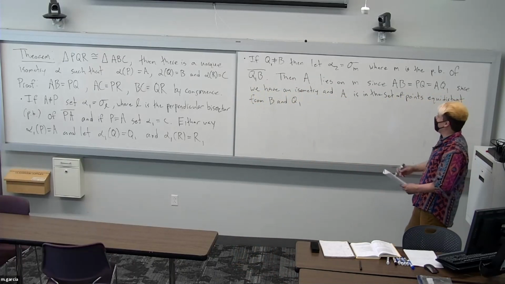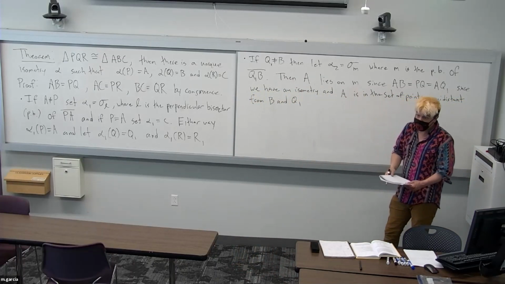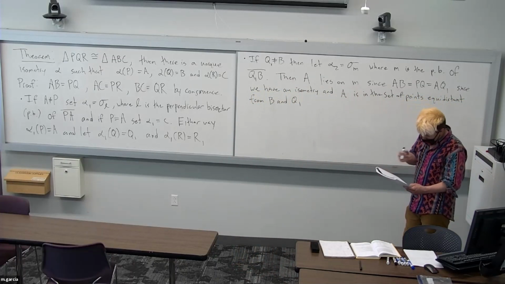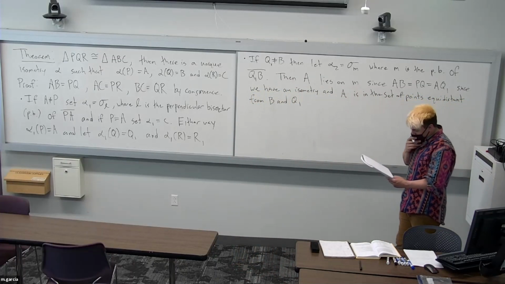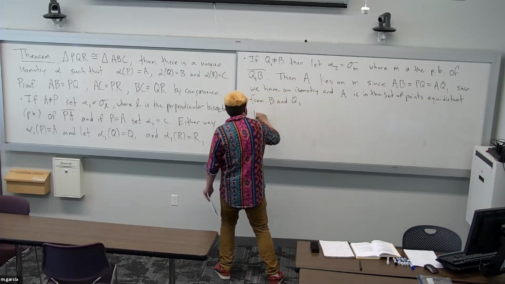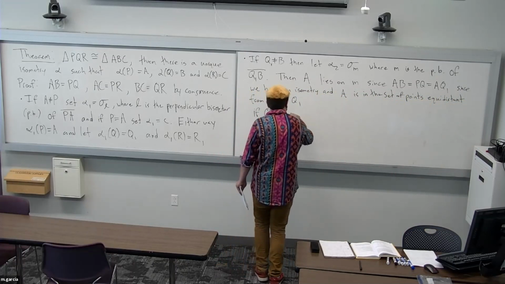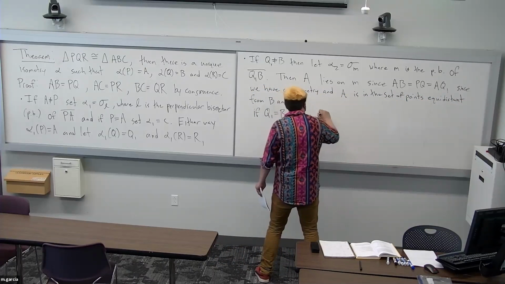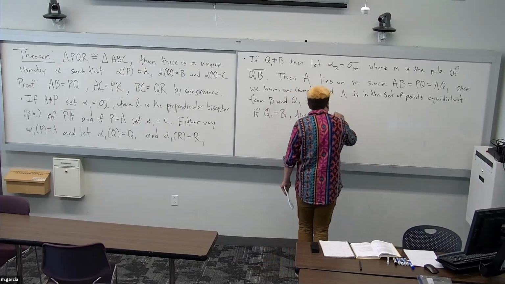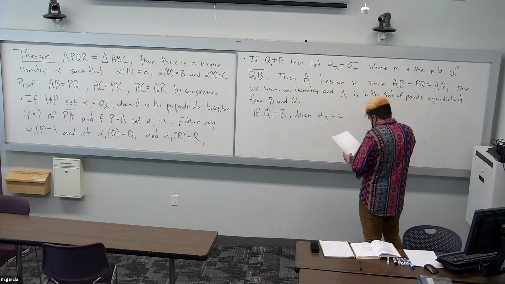That's why A must be on the line m. Okay? And then similarly, we have the case if Q1 happens to equal B, then set alpha 2 equal to the identity.